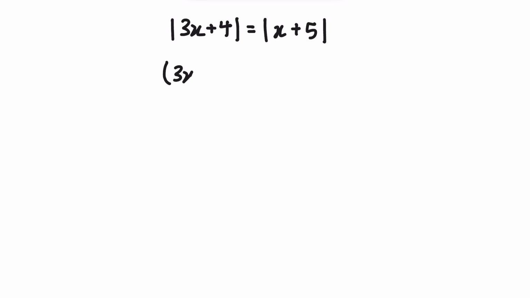So we'll do 3x plus 4 squared equals x plus 5 squared, and we'll square both sides.